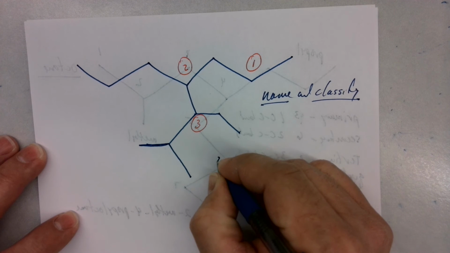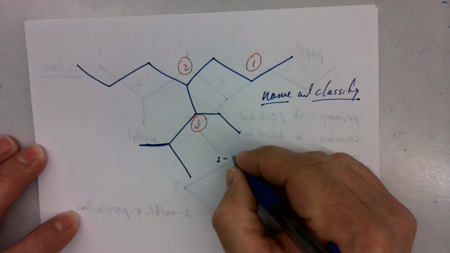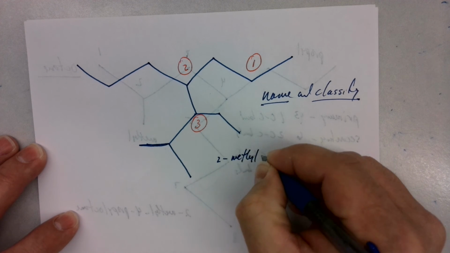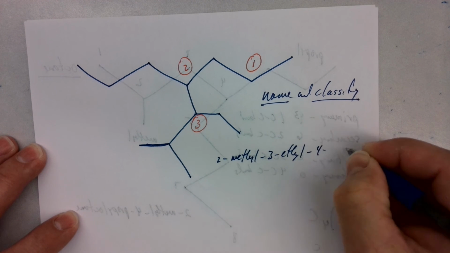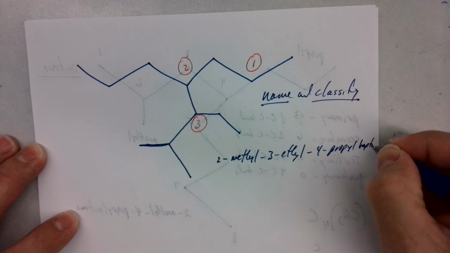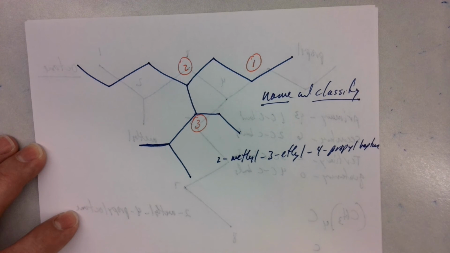2 methyl, 3 ethyl. So, well, remember, 2 dash methyl, dash 3, dash ethyl, dash 4, dash propyl heptane. Propyl what? Heptane. Is she right? Yes. Is she close? Yeah. What did she forget? Alphabetical, right?